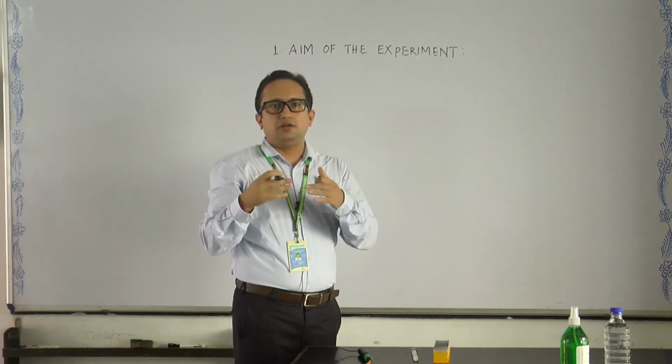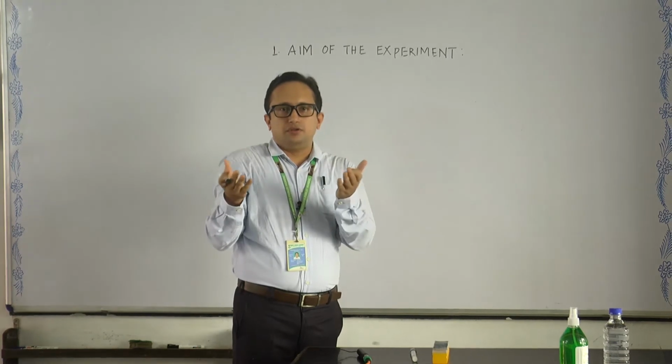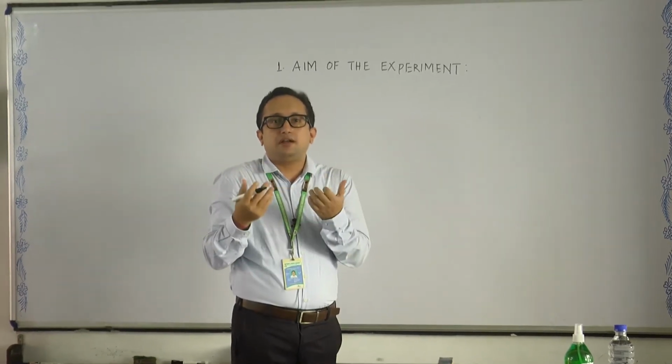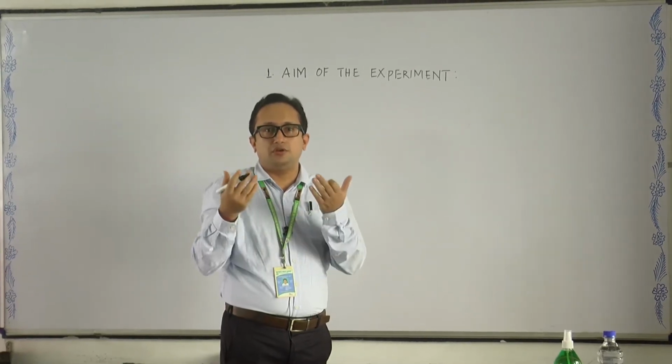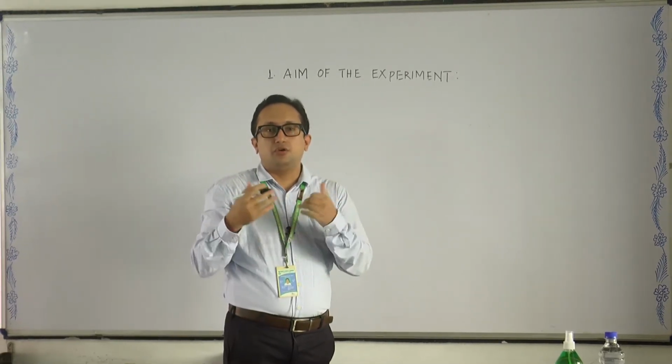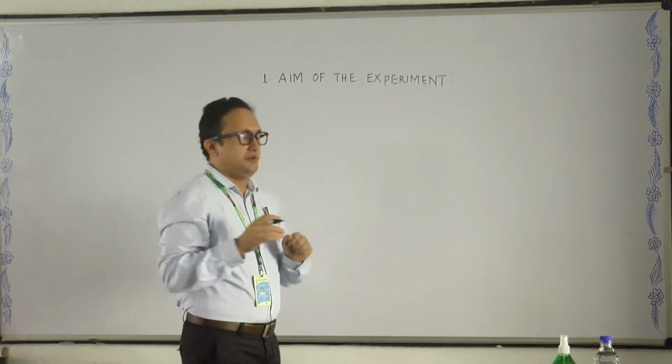It tells the audience, or you in fact, exactly what experiment you are going to conduct, and what physical laws or theoretical formulations you are going to verify. So that should be stated very clearly.